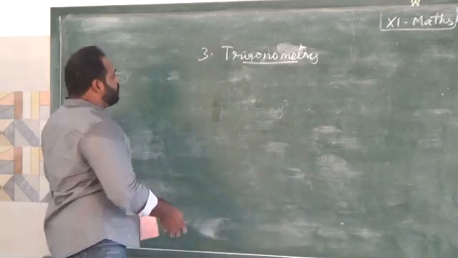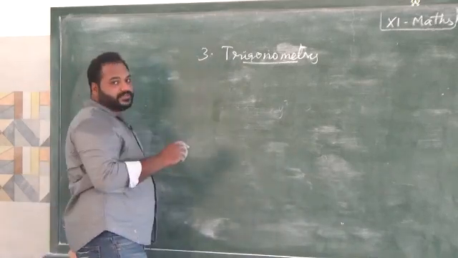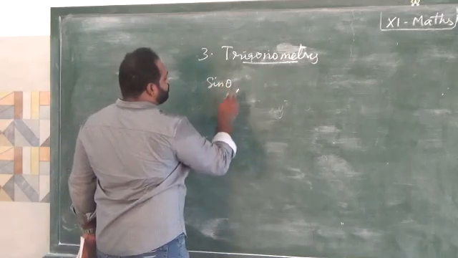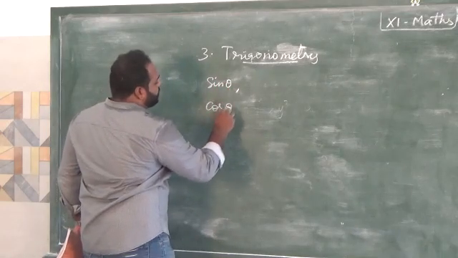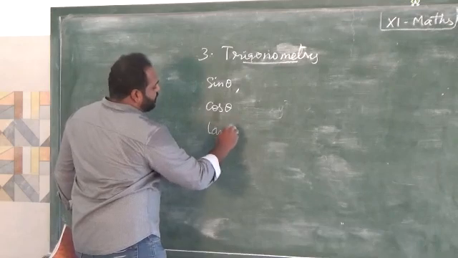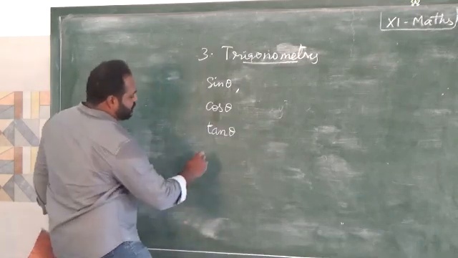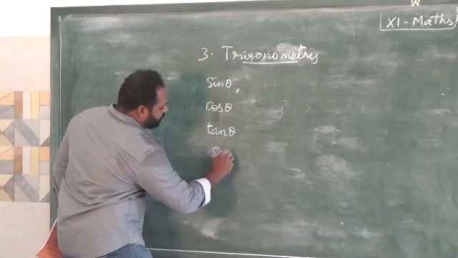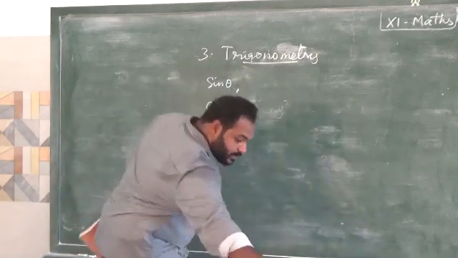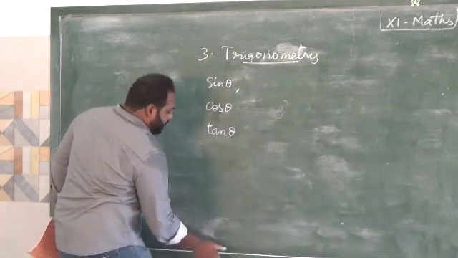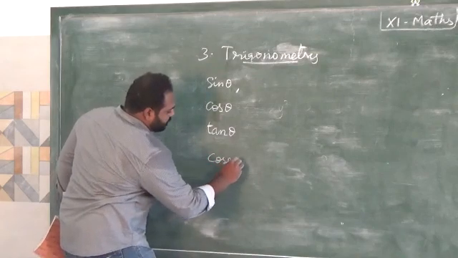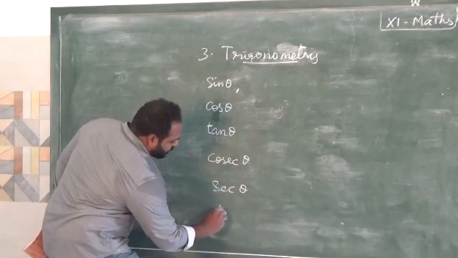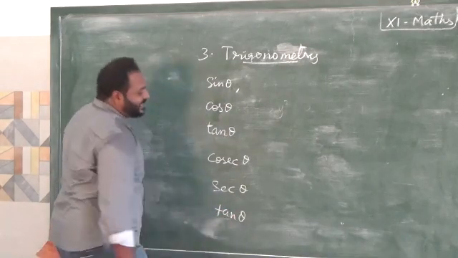First we know the 6 ratios in trigonometry: sin theta, cos theta, tan theta, and then cosecant theta, secant theta, and cot theta.